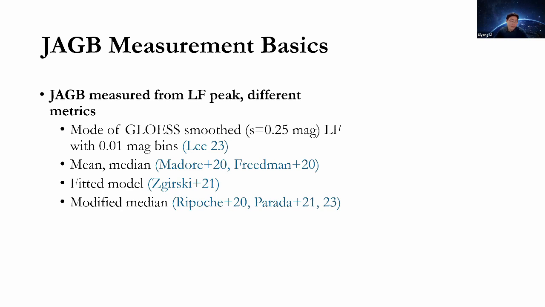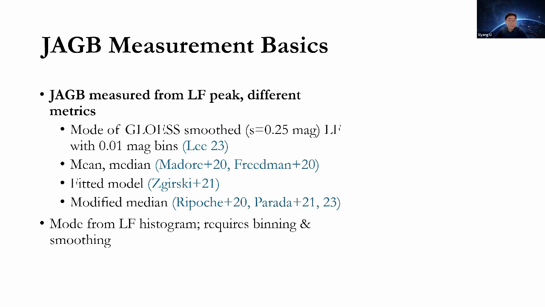You can take the mean or the median, which is done by the Madore and Freedman papers. You can fit a model and use one of the model parameters as the reference magnitude. That's done by the Zgorski paper. Or you can use a modified median, including maximum likelihood statistics, for instance, and that's done in the Rapozzi and Prada papers. I do want to note that the mode method does require binning of the histogram and also smoothing.